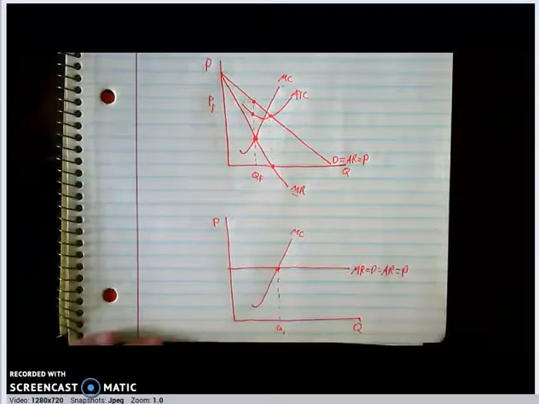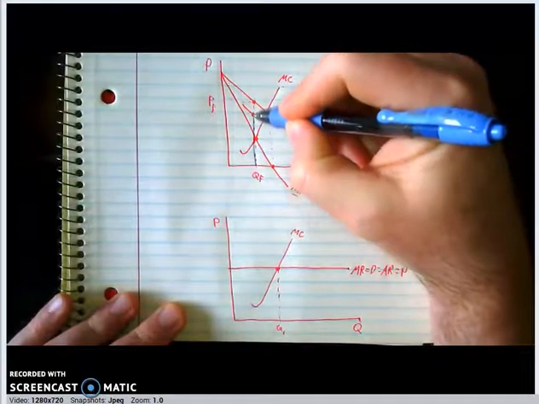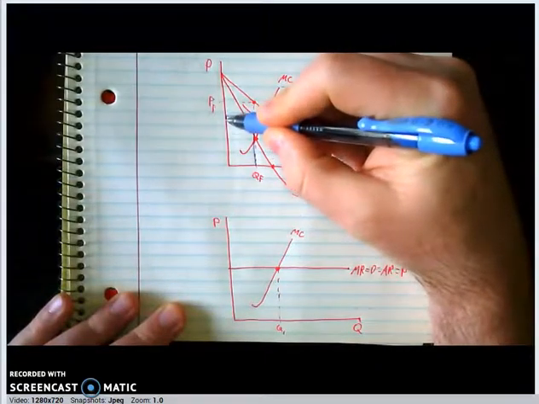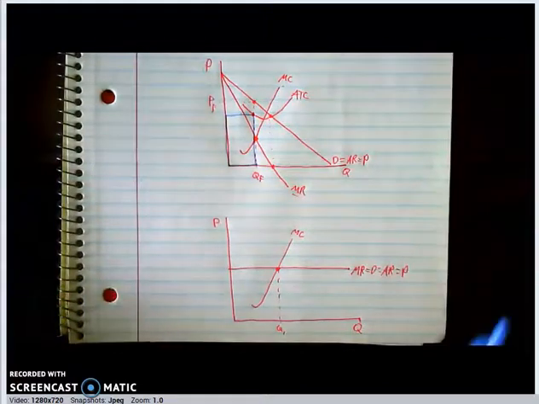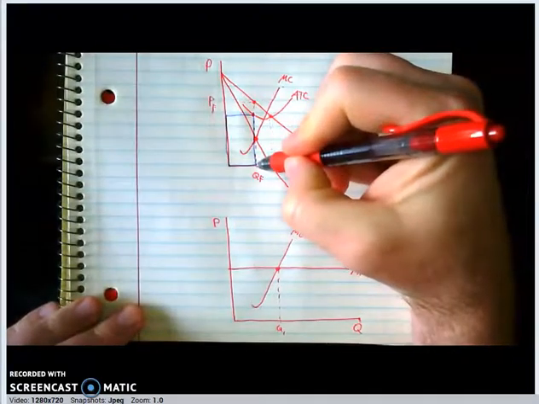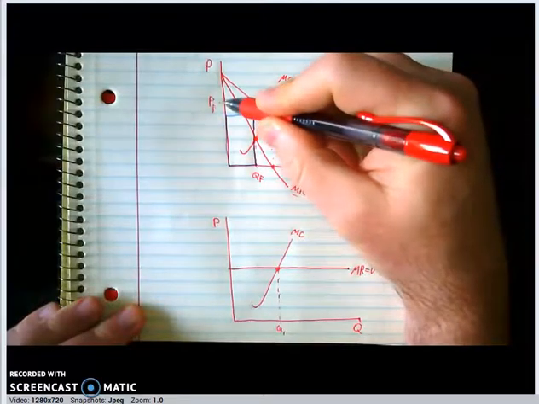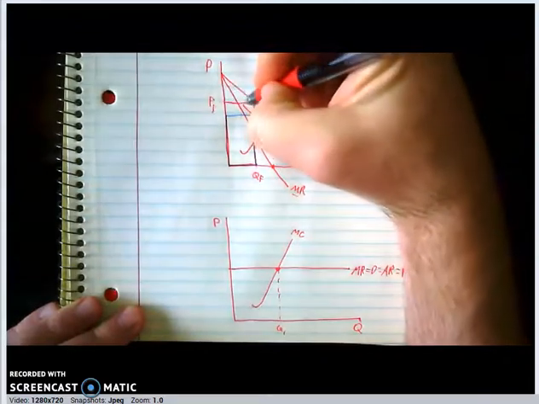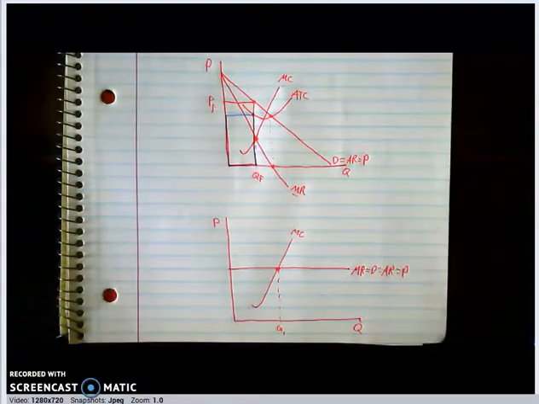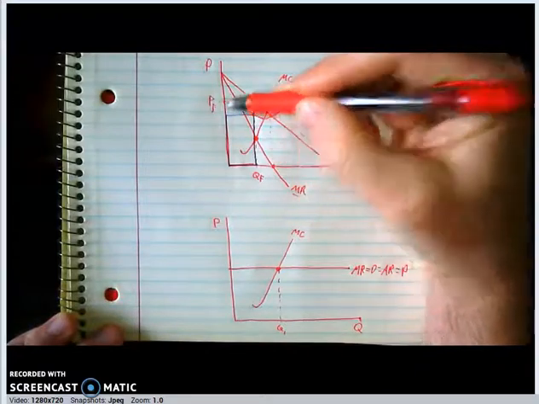Well, if we go up from QF and hit the ATC curve, this blue box would be my total cost. If I go up from quantity and hit the price curve, price times quantity is total revenue, so this red box, this whole red box, all the way down, would be my total revenue.